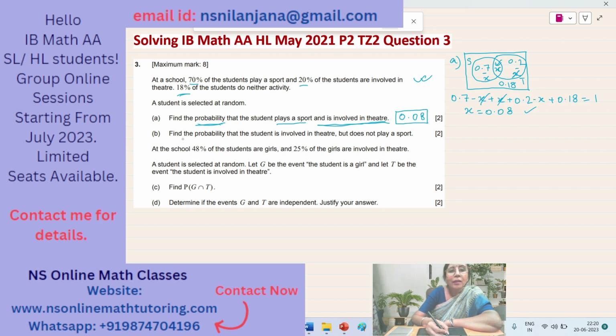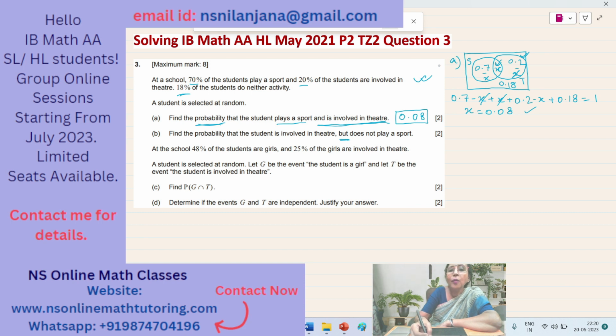Okay. Now, subpart B, find the probability that the student is involved in theater but does not play a sport. The student is involved in theater, so we will be taking this part, but does not play a sport.